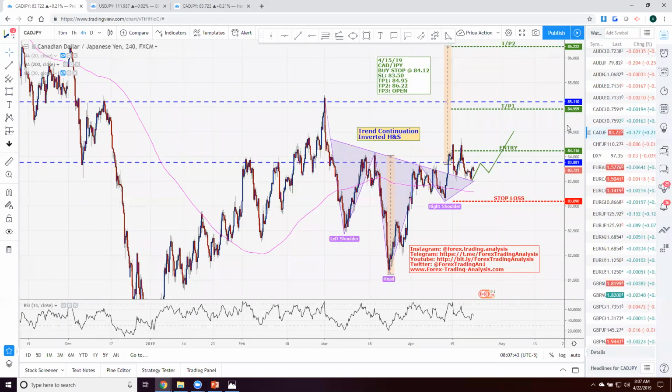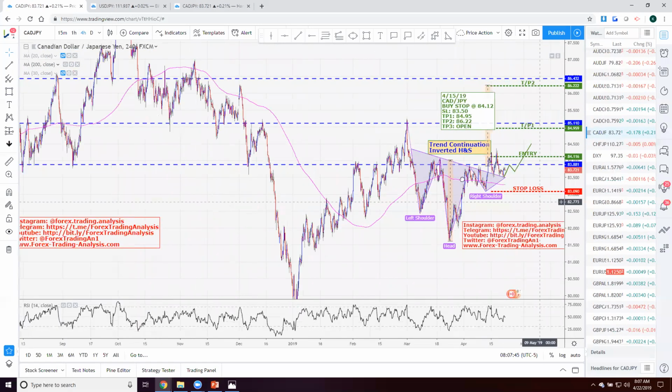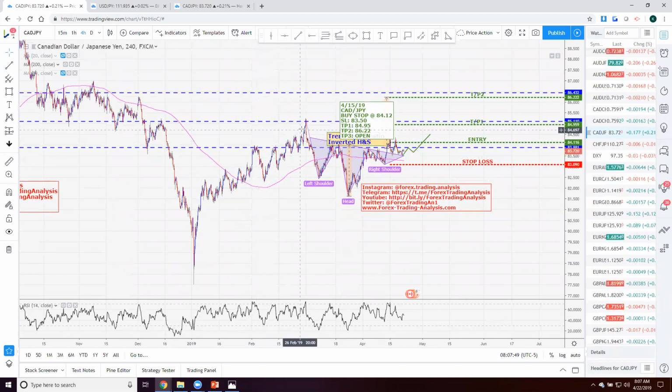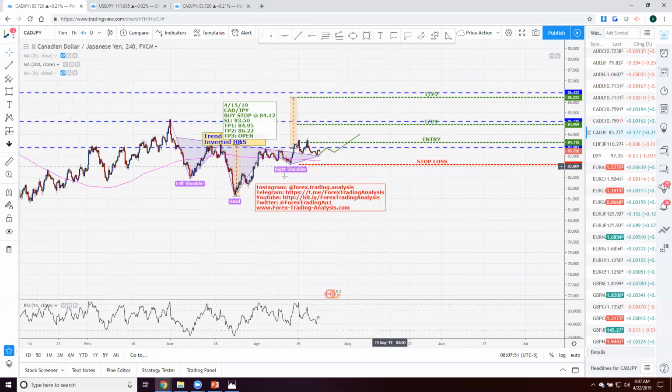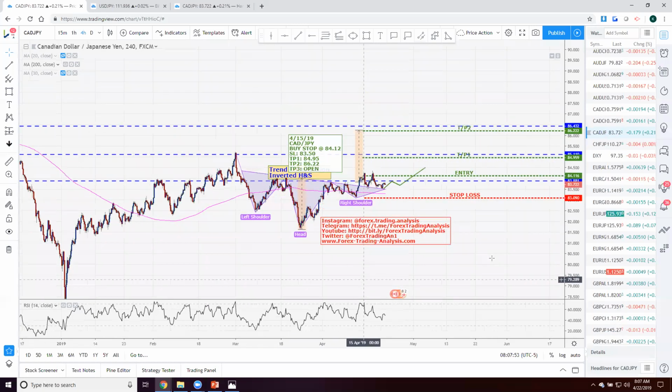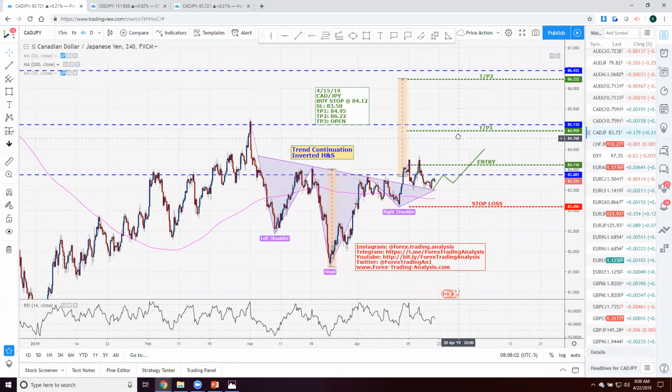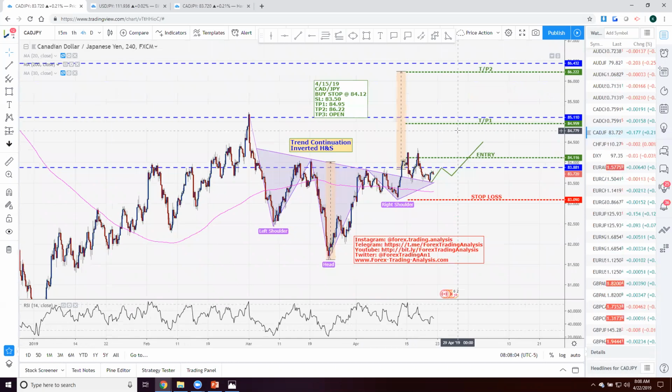Anyway, this would have been a continuation head and shoulders. So a bullish trend and then a pullback, and then looking at this pattern, eventually a move higher. So again, watching the trade, see what it does according to the pattern is where we stand right now.